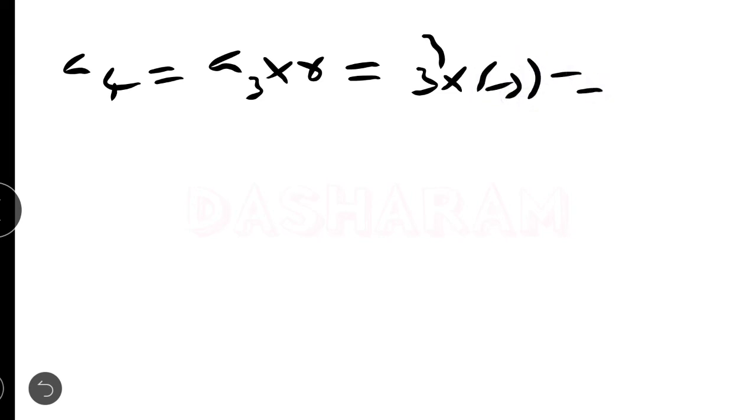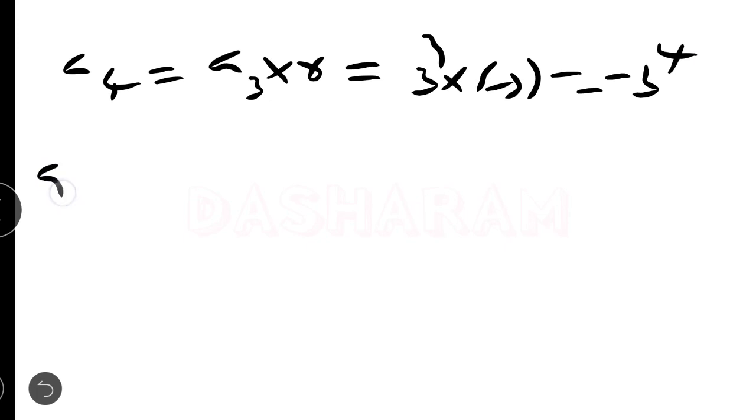What is the preceding term? A3, multiplied with the fixed number, that is R. Here, what is the A3 value? 3 cube. Into the R value, the common ratio, that is minus 3. So it equals minus 3 to the power of 4.